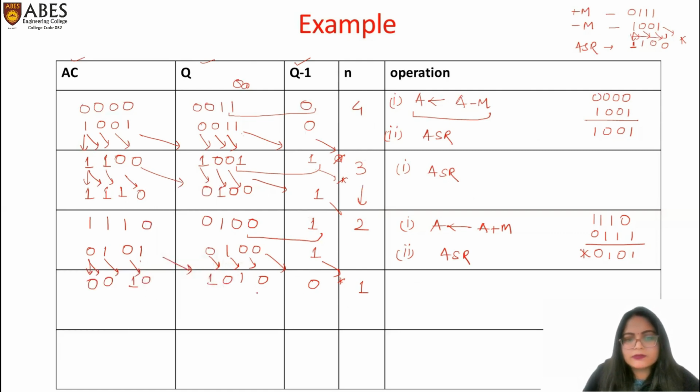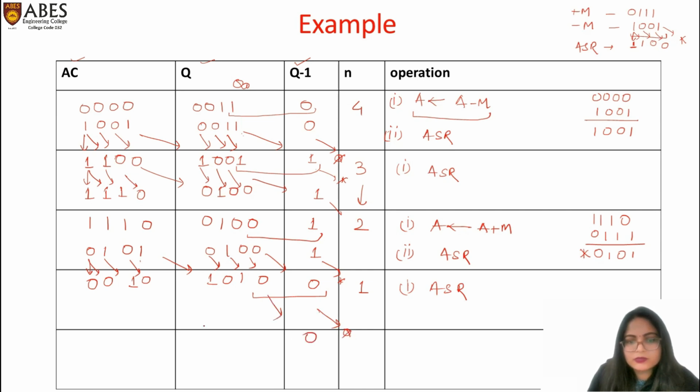Okay. So after this, the combination becomes 0, 0 and now 0, 0, 0 says that only ASR will take place. Clear? So this 0 will be discarded.